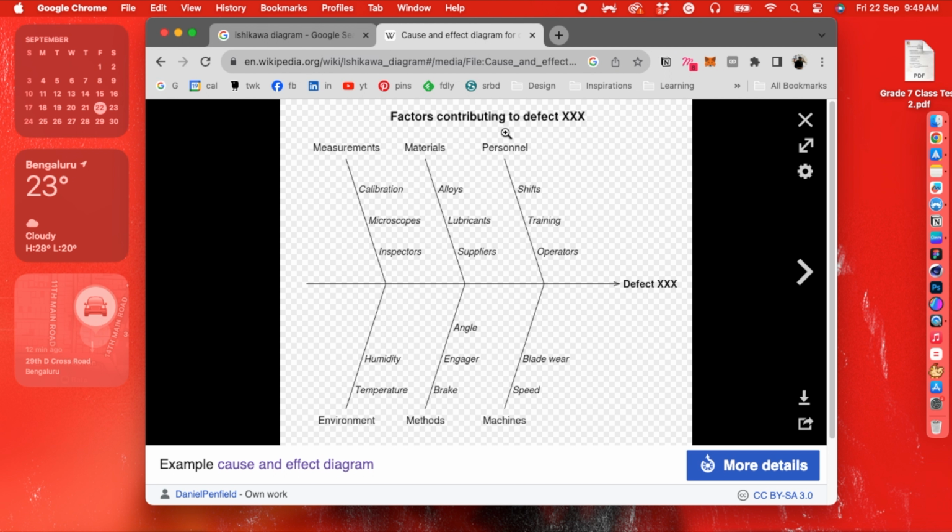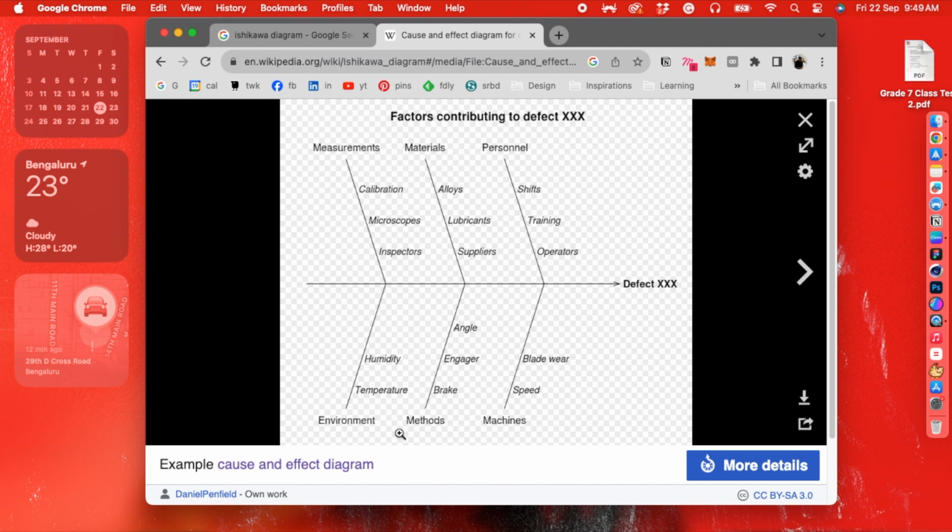The categories of the fishbone diagram will depend on the problem that you're working on. So if you are talking about a problem in a particular department or an organization, your categories are going to be the departments of that organization.